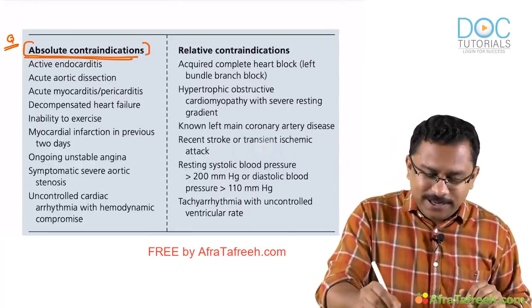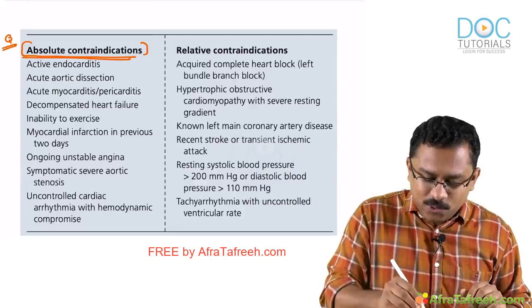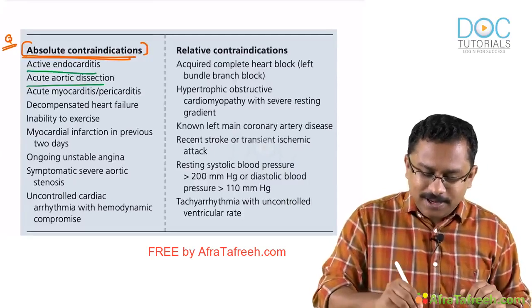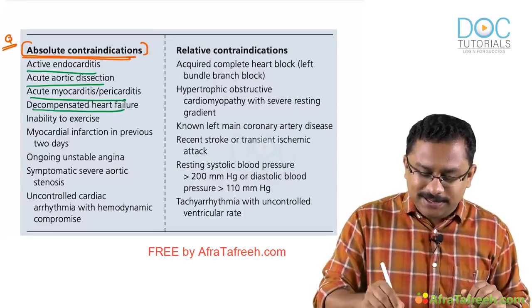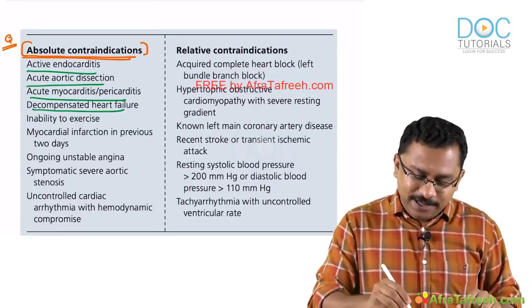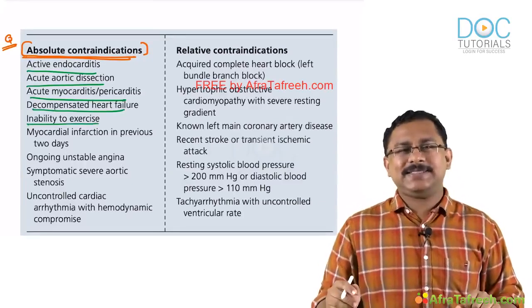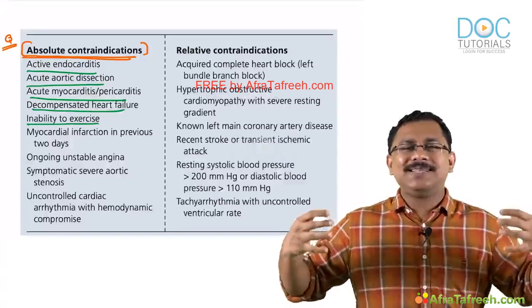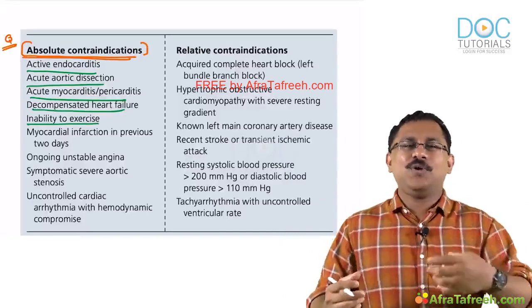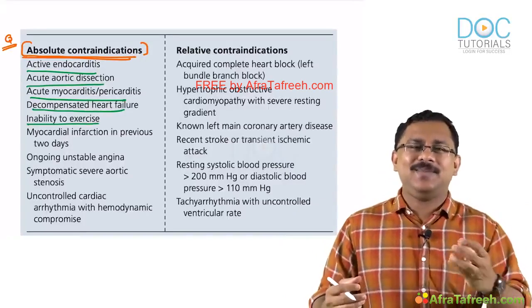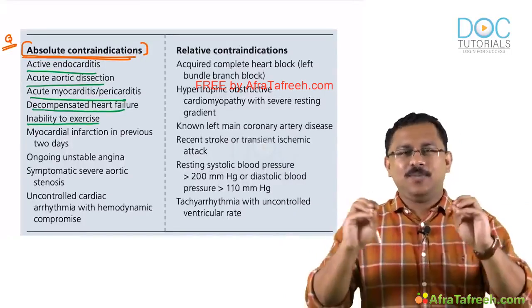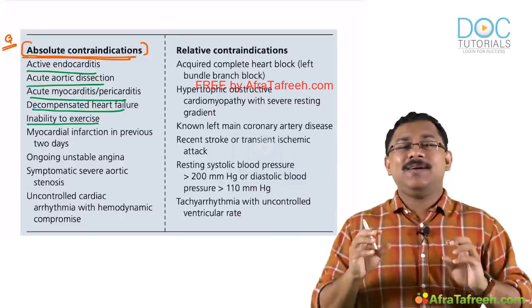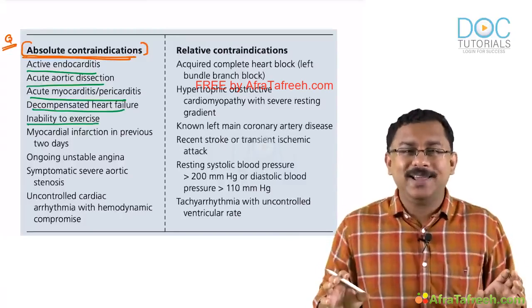One is an acute endocarditis, acute aortic dissection, acute myocarditis or pericarditis, decompensated heart failure, inability to exercise. You might have a very morbidly obese individual in whom performing the treadmill test might be difficult. For obese individuals it might be possible, but what about somebody who is morbidly obese?